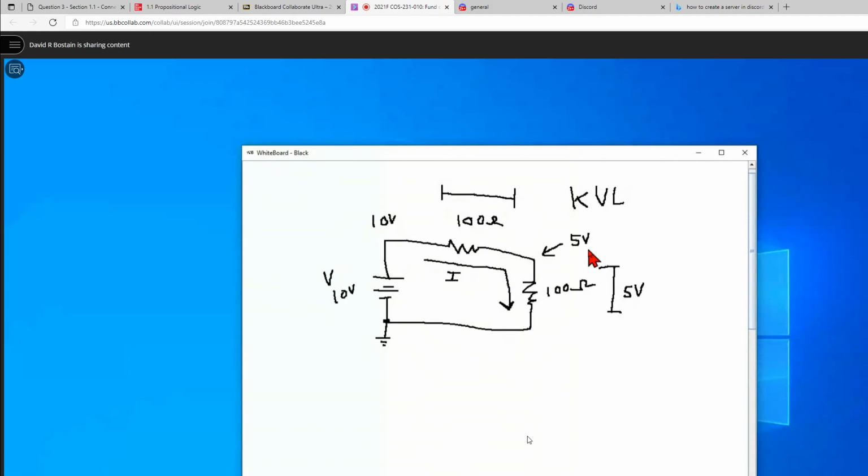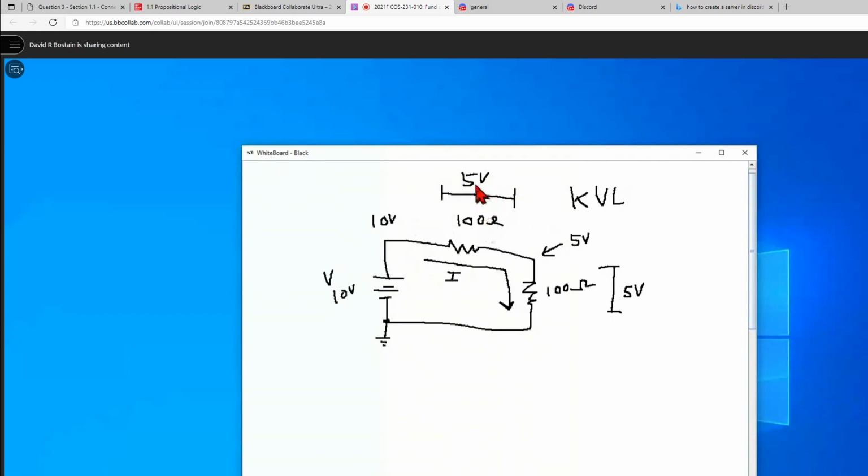Or 10 and 5 makes 15. Give me a green circle if you think it's 15. How many people think it's 5 volts? Okay, well, 5 volts is the answer. To go from 10 to 5 is 5. So the drop across this, the pressure change across this, is 5 volts worth.